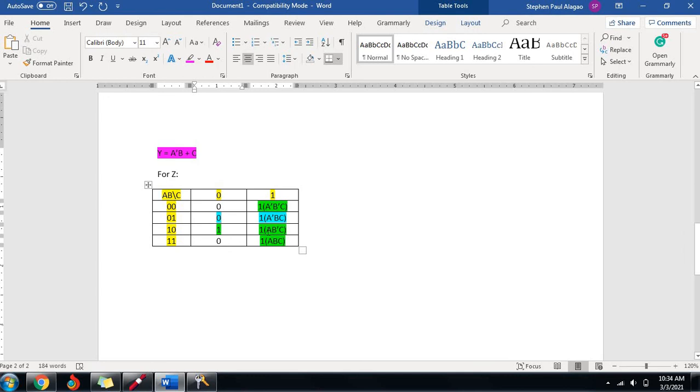So 4, next is 6 and 7. So this will be 0. This one is 6 is 1, and 7 is 1. So this is correct. So 7, 1, and then 5 is 0. So this is 0.